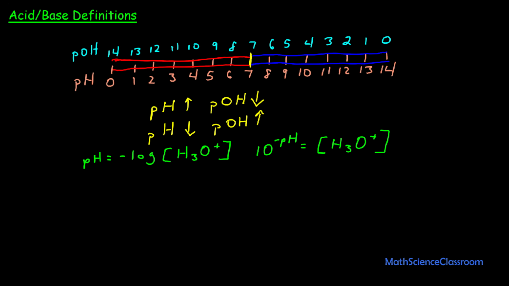And for pOH, it equals the negative log of hydroxide ions in moles per liter. And if we want to find the concentration of hydroxide, we would say 10 to the negative pOH power equals the concentration of hydroxide.